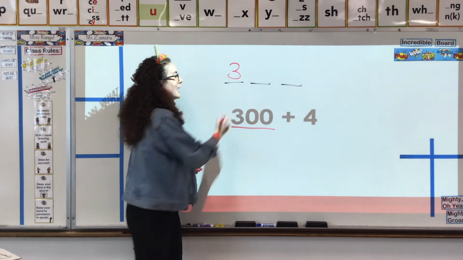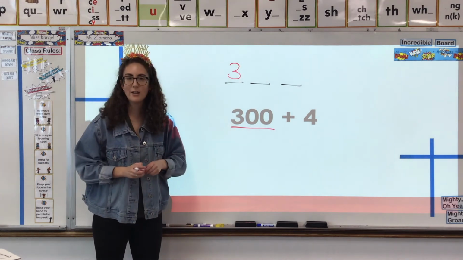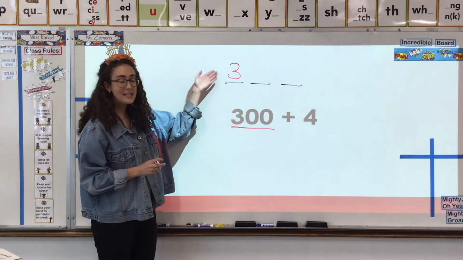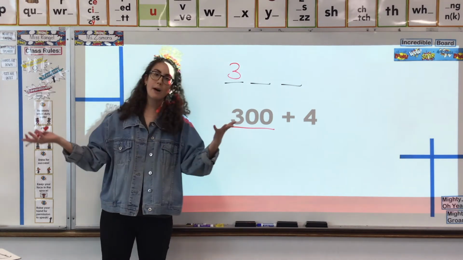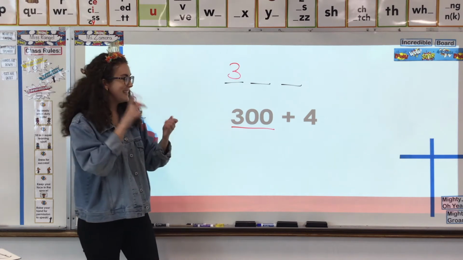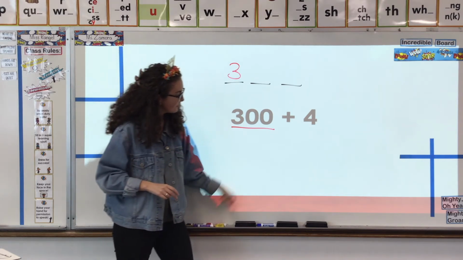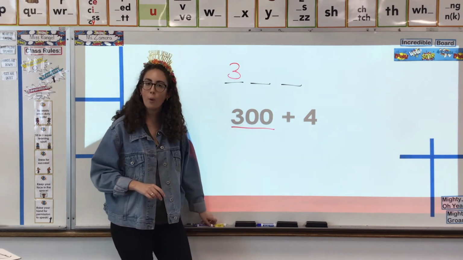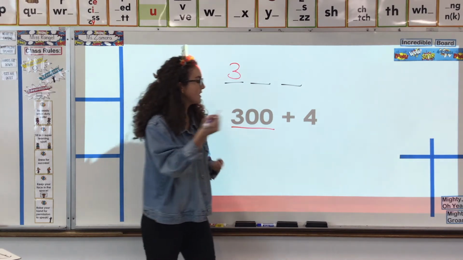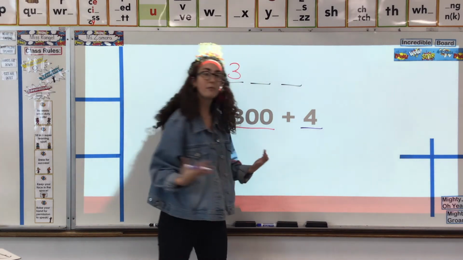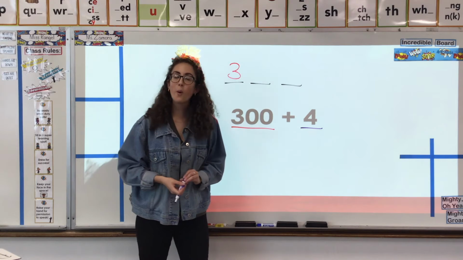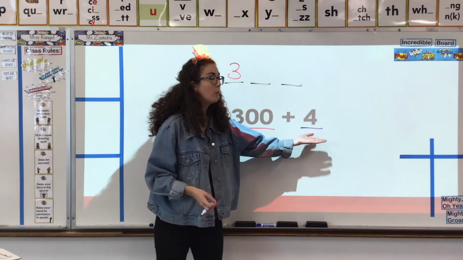Right in the front. We're going to put a 3 in the hundreds place, and that digit holds the value of 300. Good job. Okay, let's look at this. Plus 4. If we just want to add 4, that means we're only adding ones.